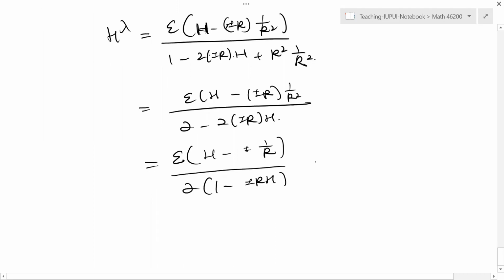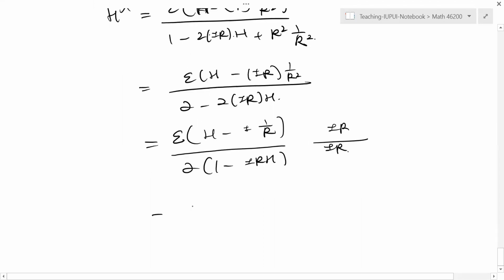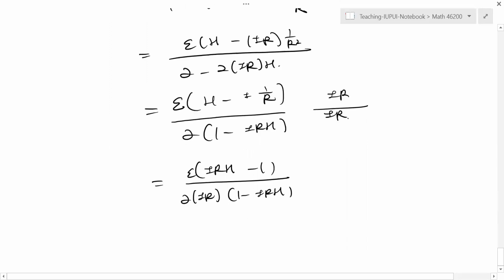I can multiply both sides by plus minus R. So I get epsilon, plus minus R H minus 1, over 2 plus minus R H. So that is going to be the difference, it's just negative 1.